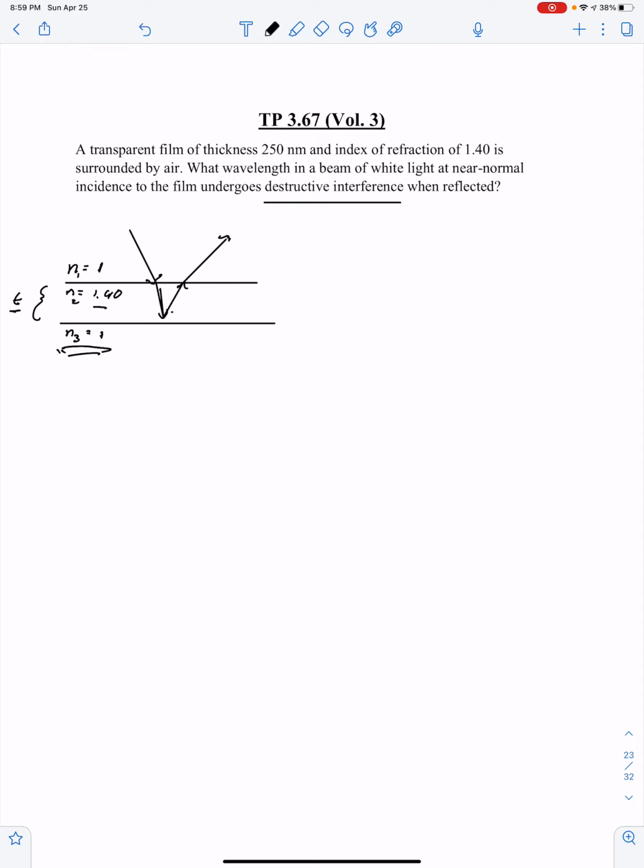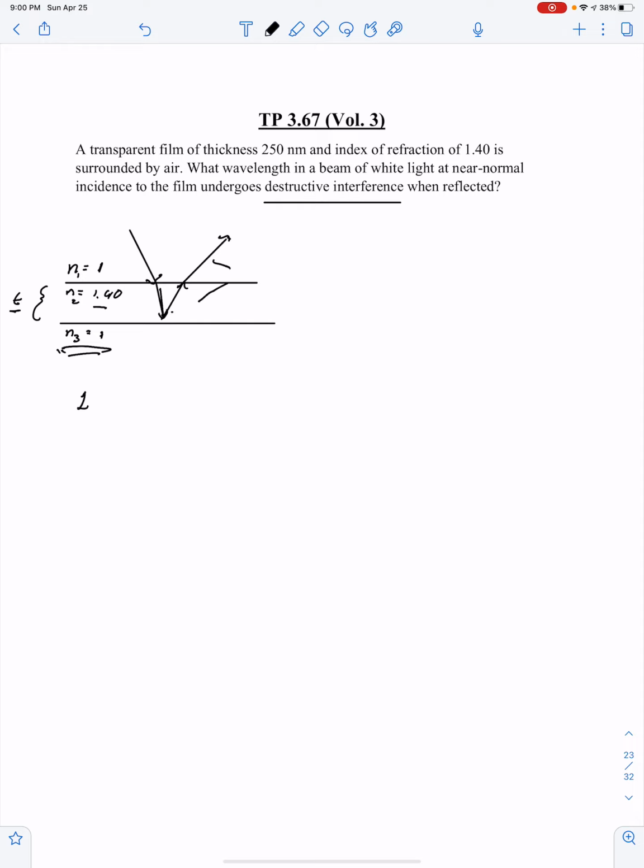And reflected. So, again, it says it undergoes destructive interference when reflected. Got it. Proven already, I don't have to do any of it. But just in case, just so you understood, let's go through the first line.